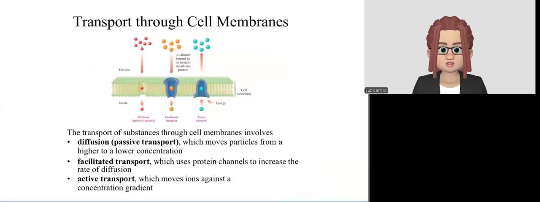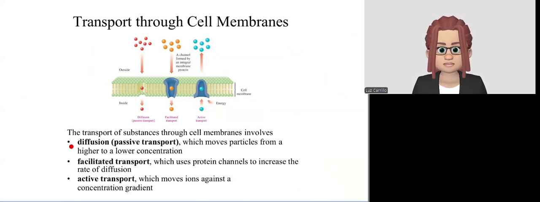So it is important to understand what are the different types of transport that can happen in cell membranes. There are 3 different types of transport that we are going to study. The first one is diffusion.